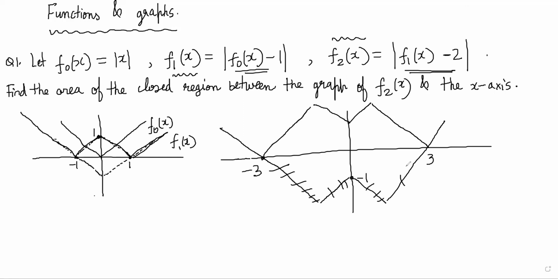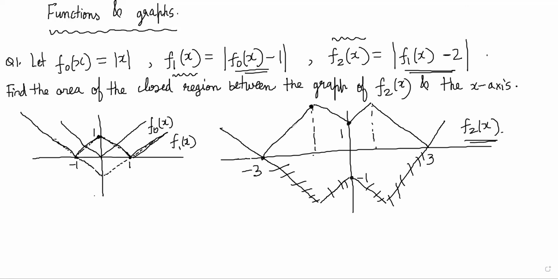The negative portion is gone and you just have the top parts here. This is 1 and this is obviously 2. It will be basically minus 1 comma 2. The height is 2. And this is going to be 1 comma 2. So this becomes your graph of f2(x), roughly.